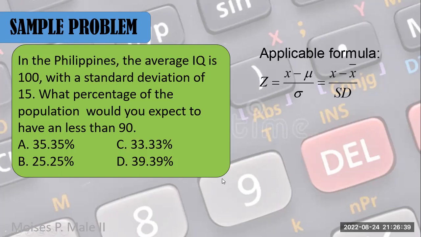Okay? So, less than that value of x. No? So, ano yung x dito? 90. Ano yung mu or x bar, no? So, some references, mu yung ginagamit as mean, x bar naman yung iba. Okay, standard deviation, sigma, or some books uses SD. Okay, either, formula. So, pareho lang yun.